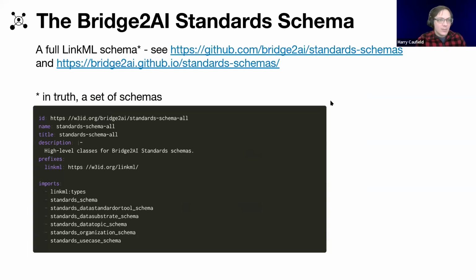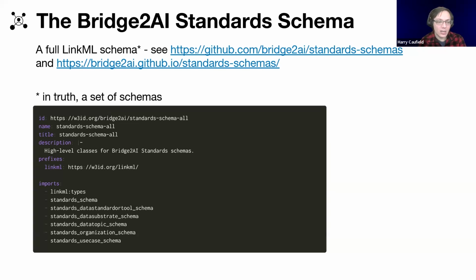So as for the schemas themselves, those are also freely available online at the accompanying link. They're lightly documented, and since we just went through the examples, I'm not going to go through a whole lot of the details of the schemas themselves. But what I will mention is that we've made the choice to represent this as a set of schemas that are all loaded together through LinkML.